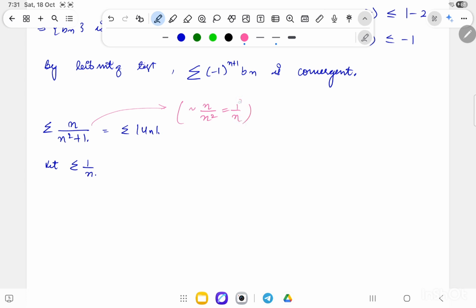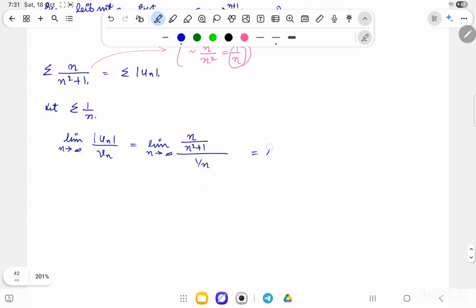So you can just get an idea via this method of which series you should compare with. So if we use the limit comparison test, that is limit n approaches infinity of mod un by vn, mod un is n divided by n square plus 1 and vn is basically 1 by n.